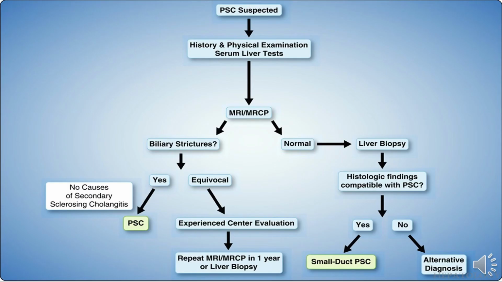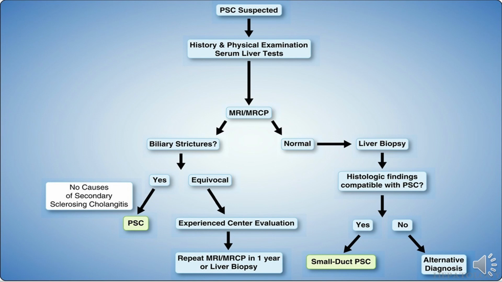Here we have a very nice algorithm navigating the initial management or diagnosis of PSC. If you have a suspected PSC patient, after you obtain history and physical exam, then you order serum LFTs or liver tests, and you have the cholestatic pattern of liver biochemistry.